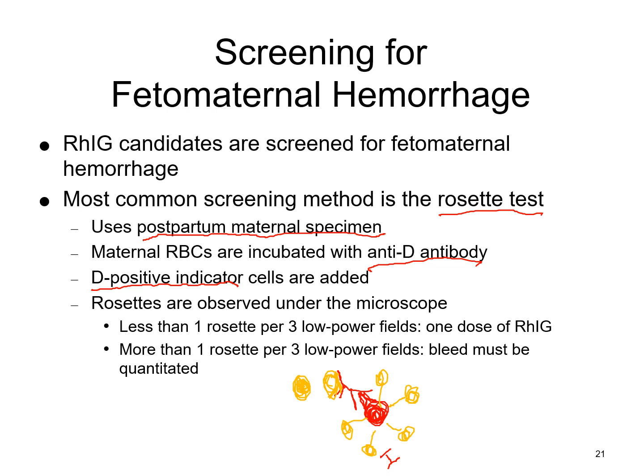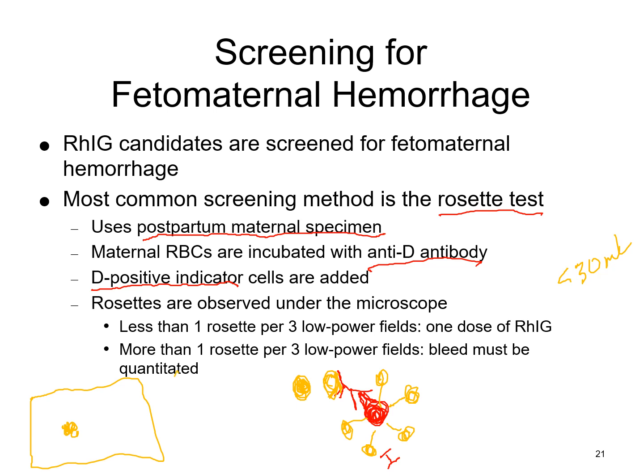It's considered that bleed was a low bleed, so that's a less than a 30 ml bleed. However, if you see more than a certain percentage, so in this case more than 1 per 3 fields. So when I say per field, if you're looking at a whole entire field under the microscope, of course it's going to be more rounded, and you look at 3 fields and you see those clumps, then that's considered positive.